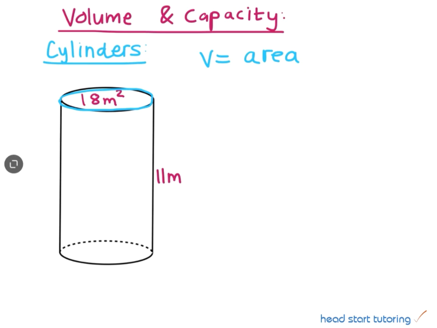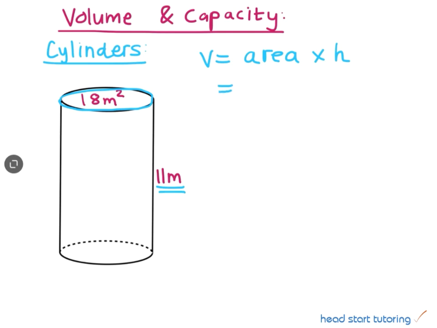So you would need to use pi r squared to work out the area of that circle if you have not been given the area already. So it's the area, which is in meters cubed or centimeters cubed or millimeters cubed, and then you multiply that by, in this case, the height of the cylinder. But if the cylinder was lying in a different way, then you might call this measurement the depth. So it all depends on how the cylinder has been laid down.